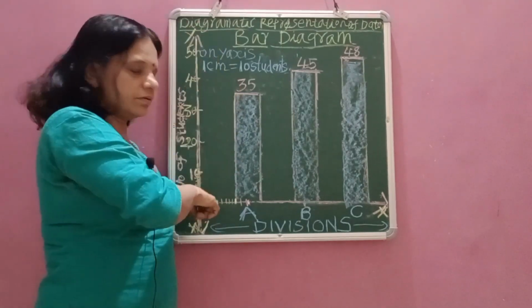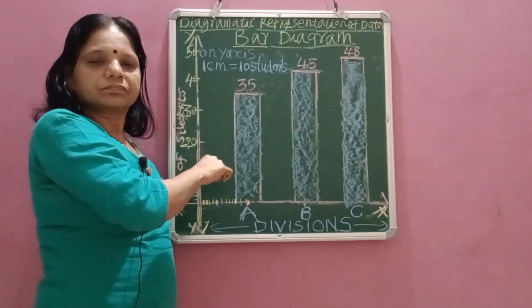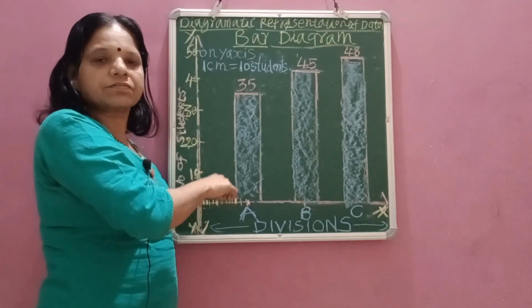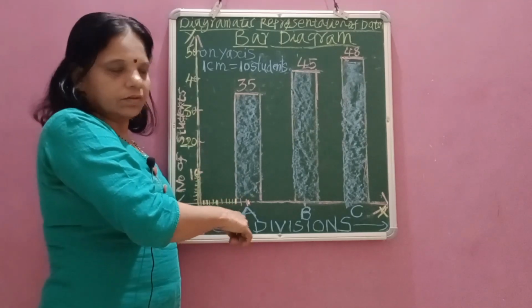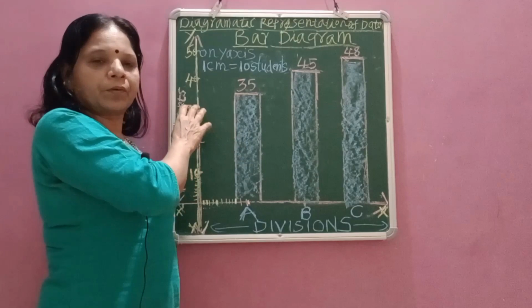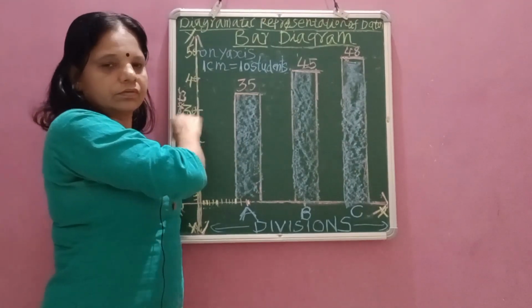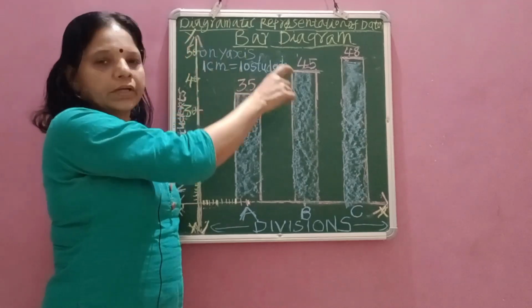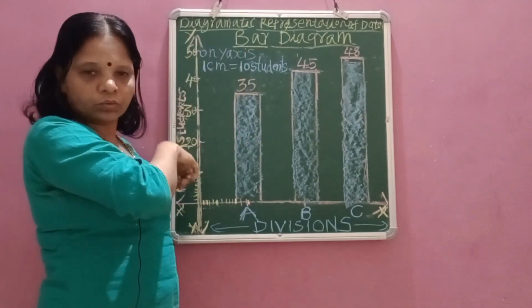Here the line has a length which has unit centimeter or millimeter, so you have to proportionally convert it into number of students. That is called the unit. So on the y-axis only you have to take the unit.